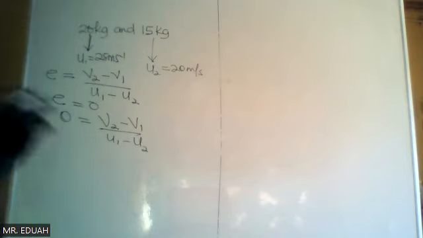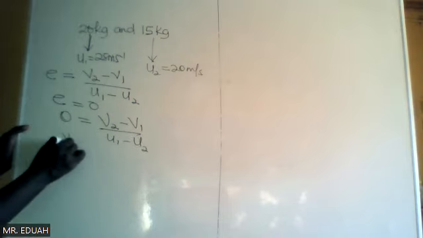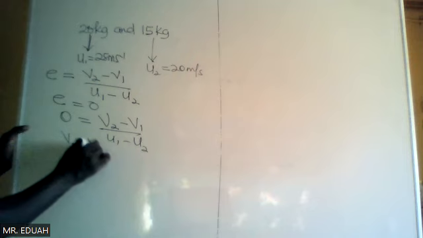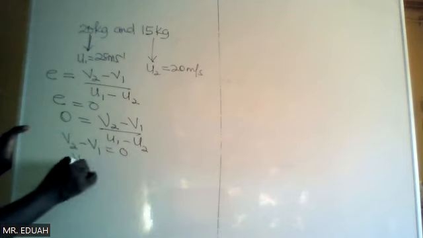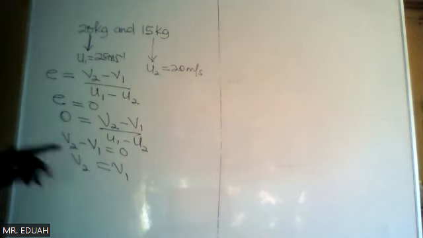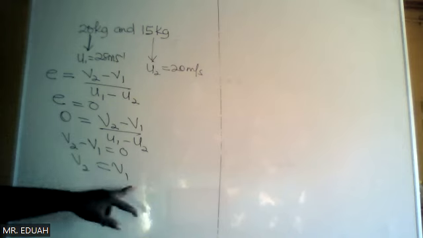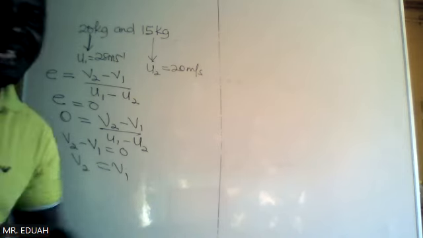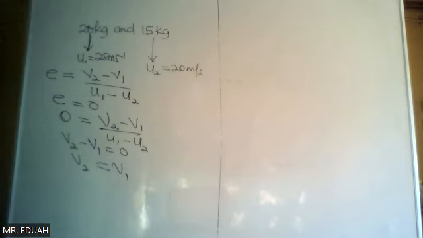When you cross multiply, you have V2 minus V1 equal to 0. So V2 will be equal to V1. So for perfectly inelastic collision, the final velocities of the masses are equal. All right, so let's look at our question.